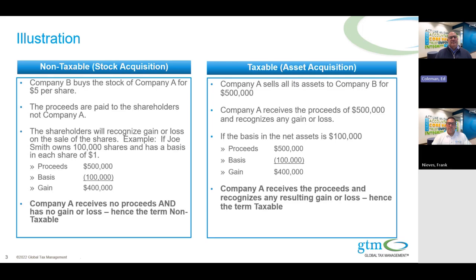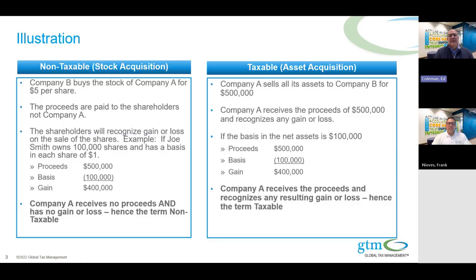In an asset acquisition, it's proceeds for the net assets or the inside, the machinery and equipment and land and buildings and you name it within the company. So company A is selling its assets inside the company, on the right-hand side here in the asset acquisition, and it recognizes the gain on the difference between the proceeds. And for convenience, we used 100,000 basis as if it has 100,000 basis remaining in its machinery, equipment, etc., that it's selling.